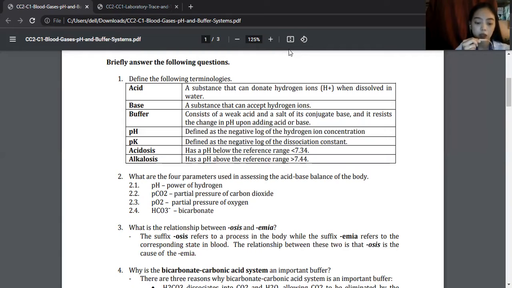less than 7.34, and ang acidosis ay may be caused by a primary non-respiratory abnormality or by a primary respiratory problem.